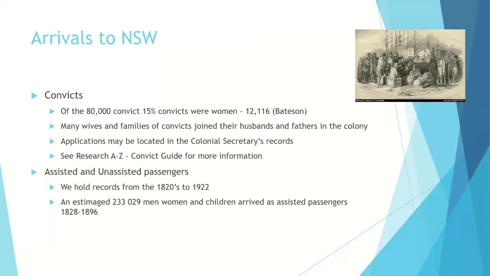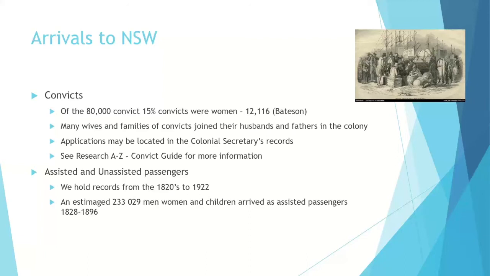For unassisted passengers, it can be a lot more difficult to identify your person because the information that's provided was often so scanty. So you might just get Mr. and Mrs. Smith and children, or Mr. and Mrs. Smith and children and maid. You may not actually see on the list, it may not be recorded, the names of those children, and even Mrs. Smith may not be actually recorded.